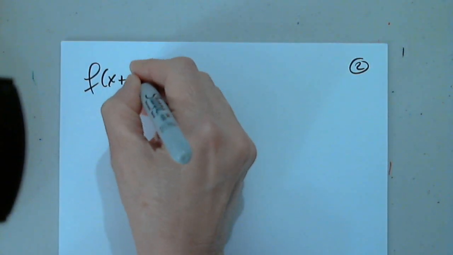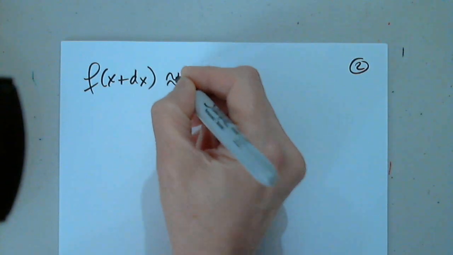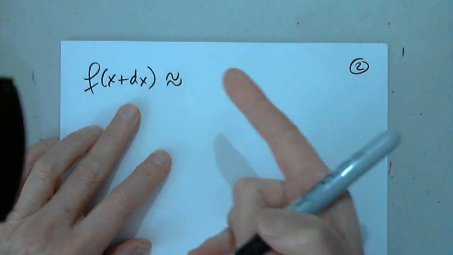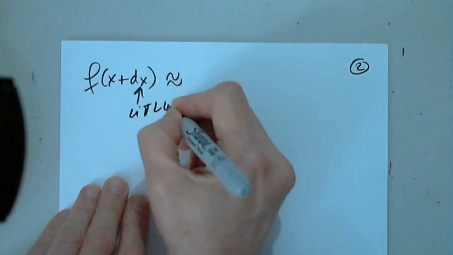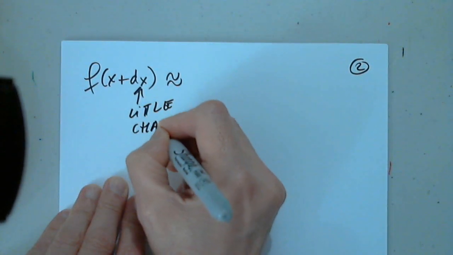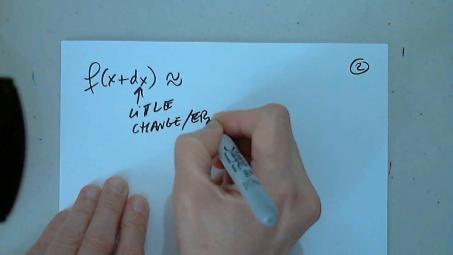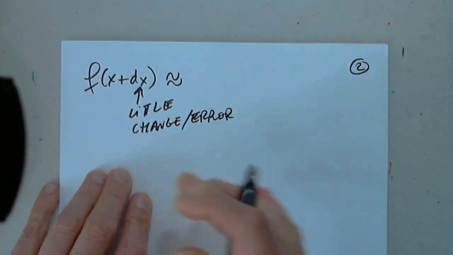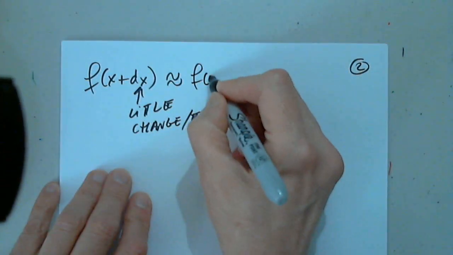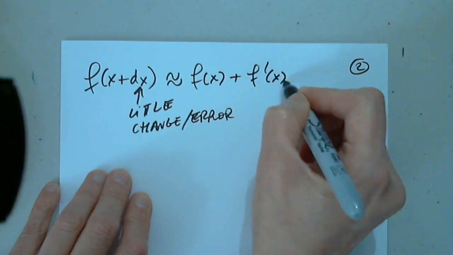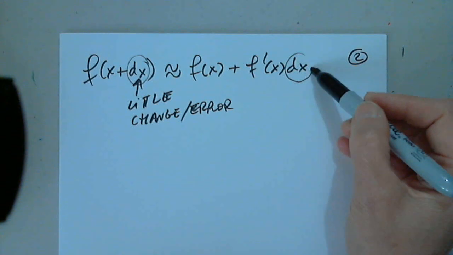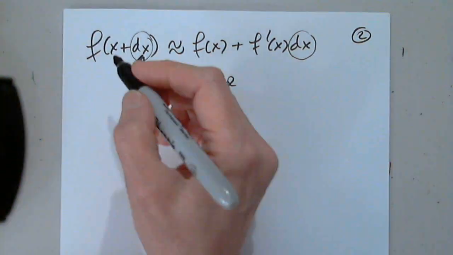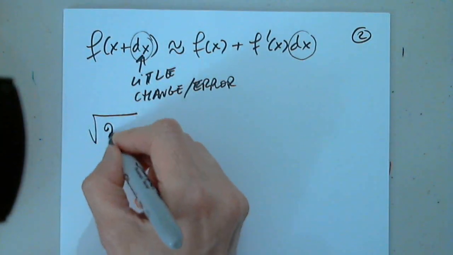F of x plus a little error, or little change, approximation if you want, is approximately f of x plus f prime of x dx. This is the same thing with this one. So we are interested in the square root of 26.